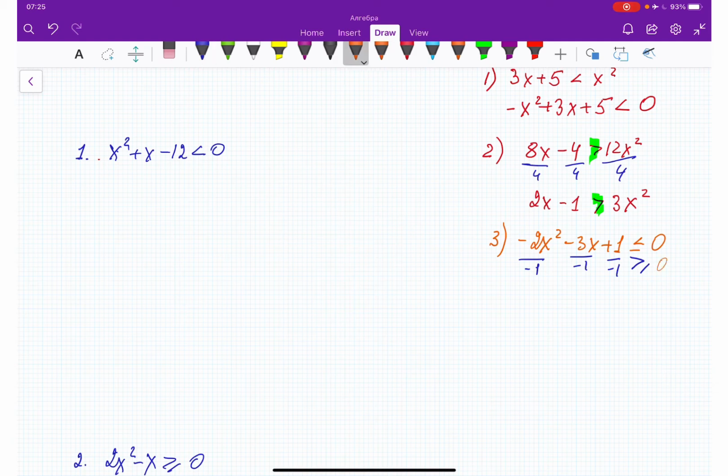So what will I get? I will get 2x squared plus 3x minus 1, but I'm getting greater than or equal to 0. It changed the sign of the inequality as well. See, here you had less. You divide by a negative number, and it changed the sign also. Okay.